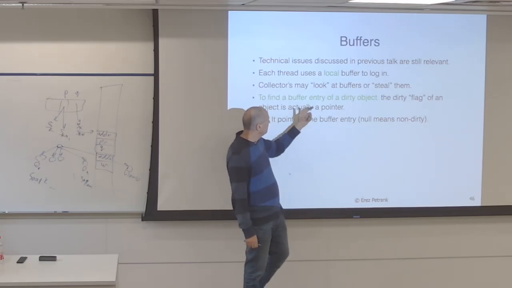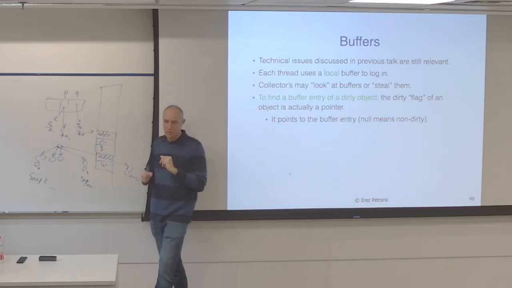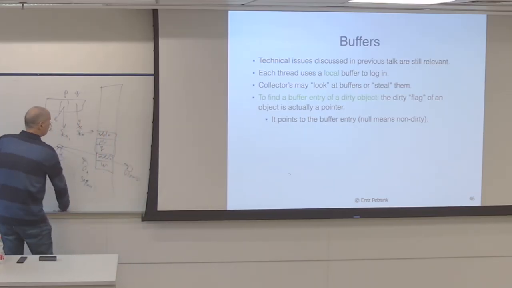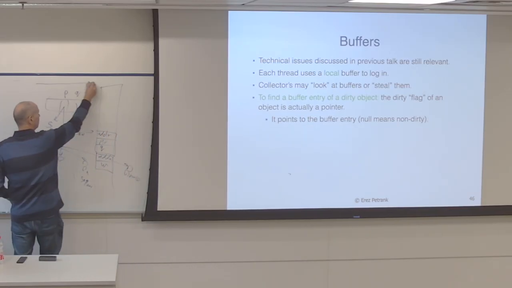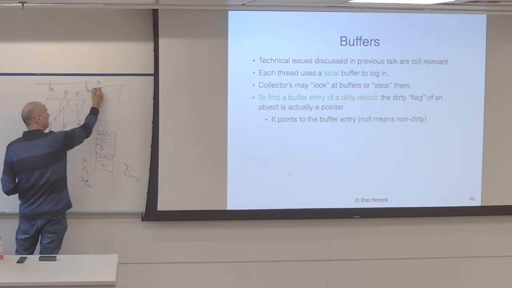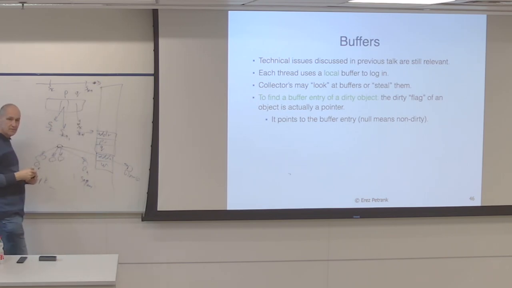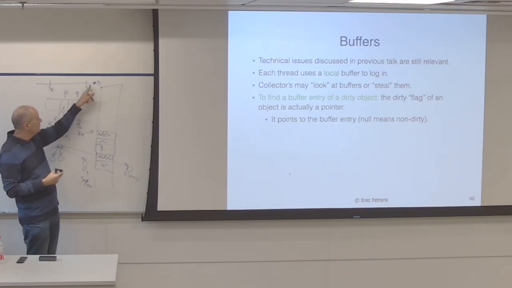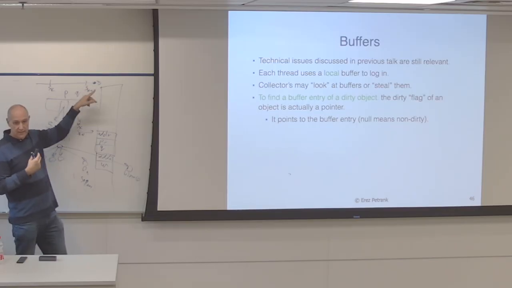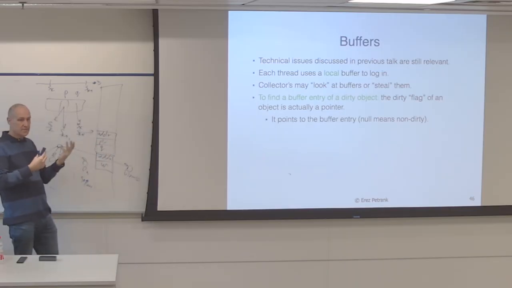How do you find an entry of a dirty object? Suppose I'm going in time from snapshot K plus 1, and now I need to find some pointer that was modified. I want to know how it looked in the previous snapshot. I need to find the buffer where its entry is, and there I will find its value in the previous snapshot.